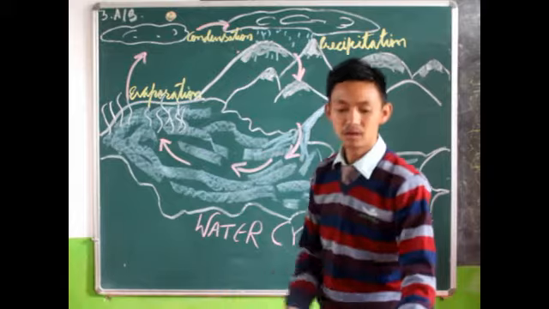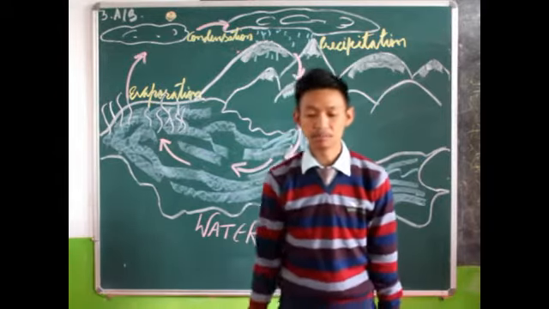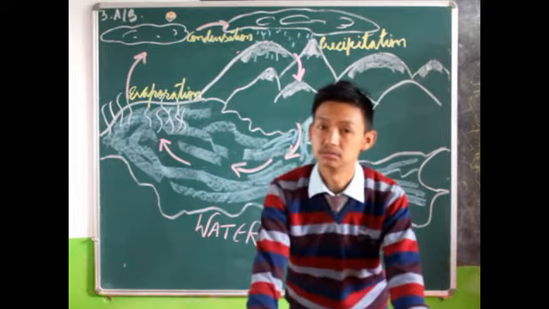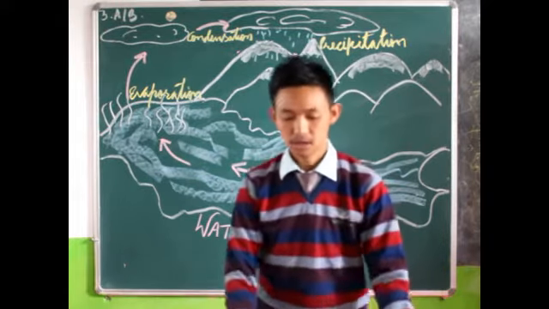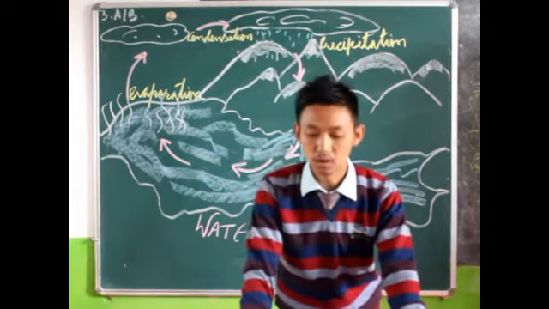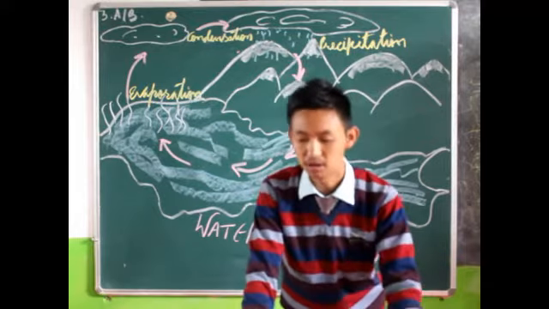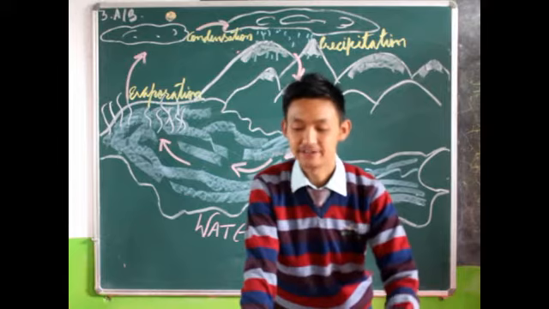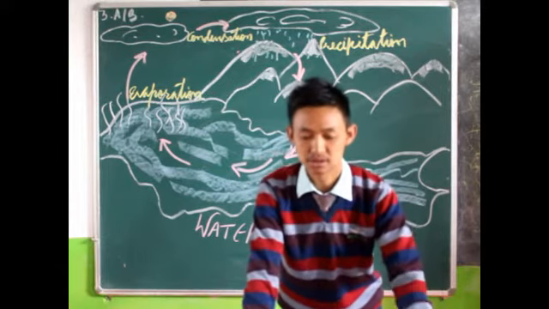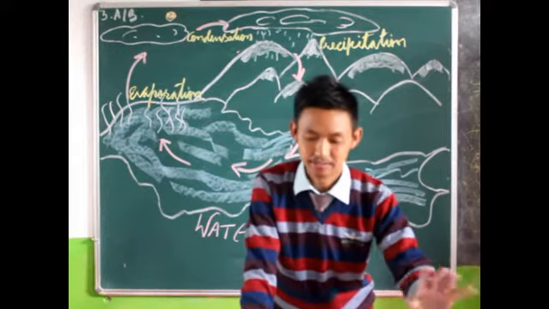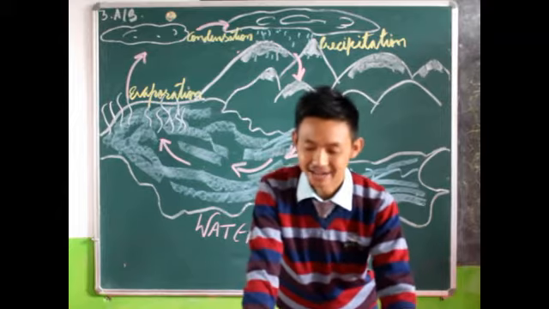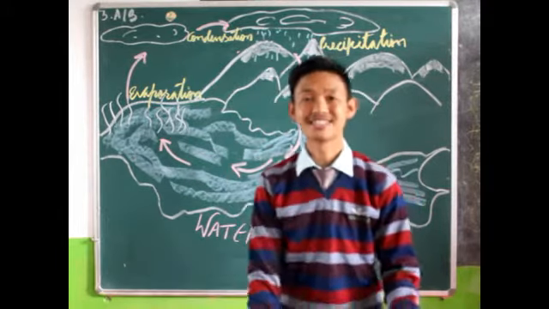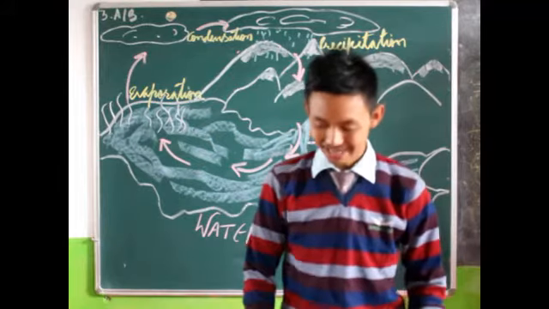So this rainwater either fills the water bodies or seeps into the ground. Seeps means soaks into the ground. Therefore the water that is available on earth is not pure and fit for direct use, as it contains mud, dirt, sand, germs and other harmful substances which we cannot see with the naked eye.